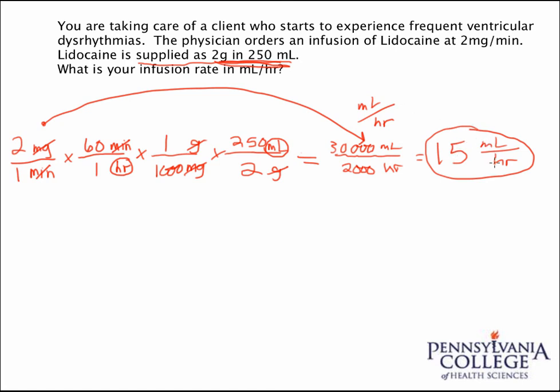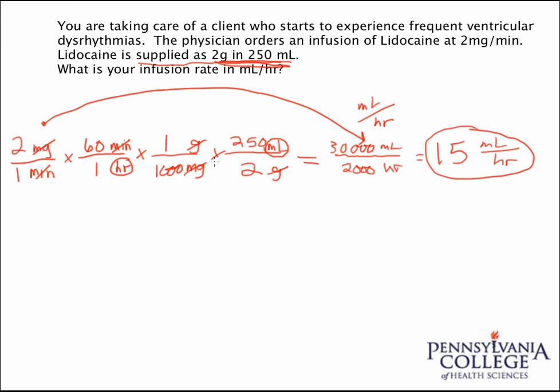15 milliliters per hour. Again, when we are using dimensional analysis, we start with what's ordered. In this case, we were ordered 2 milligrams per minute. Even before I started doing my calculations, I did a little mapping out of what I'll need to do. I'll need to have my answer in milliliters per hour. So can I convert milligrams into milliliters?